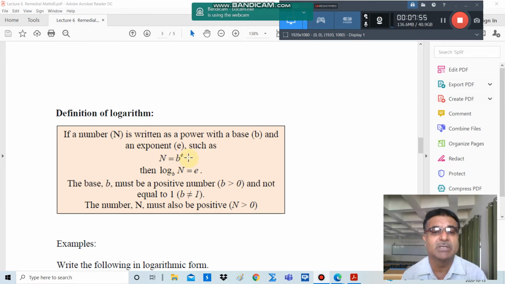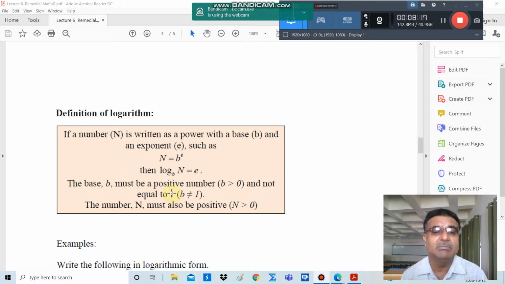B is the base and e is the power. Then the log related to this expression can be defined as log n to the base b. Here the base b in the exponential form and the base b in logarithm form will be equal to the power of the exponent, that is e.